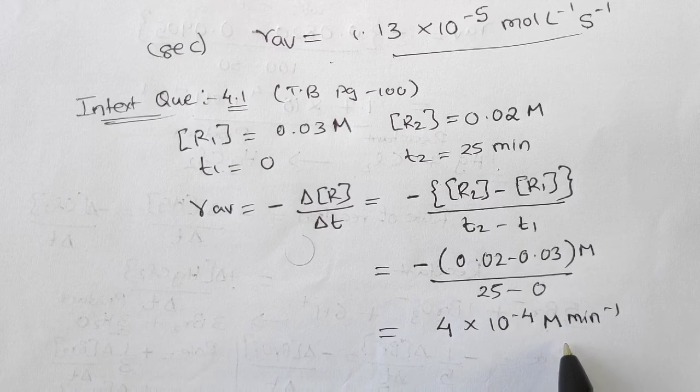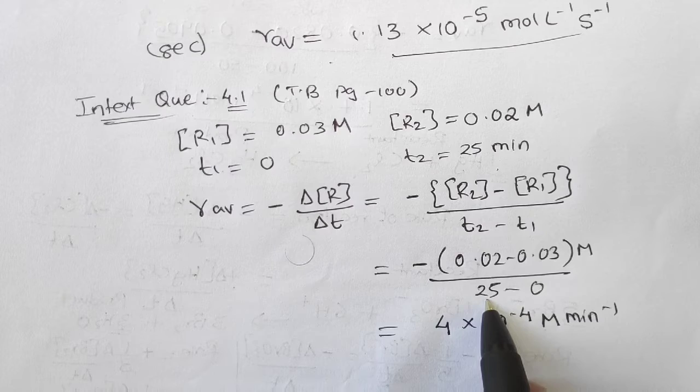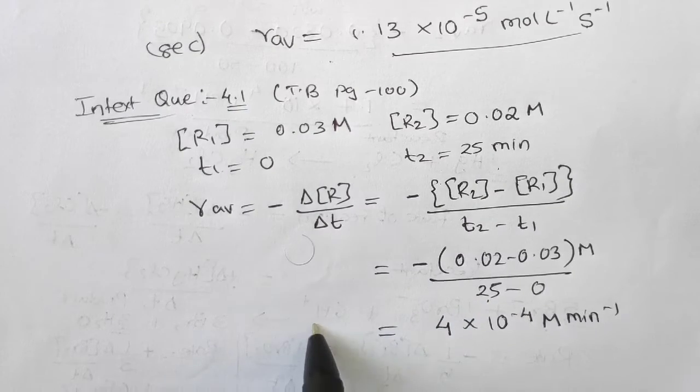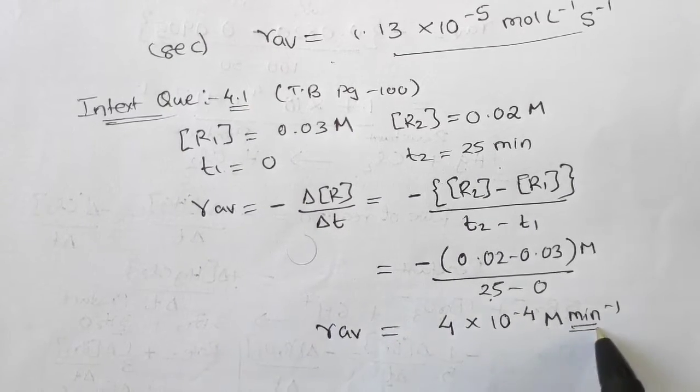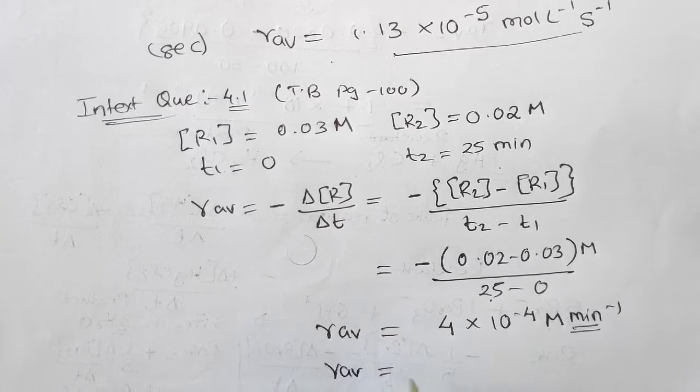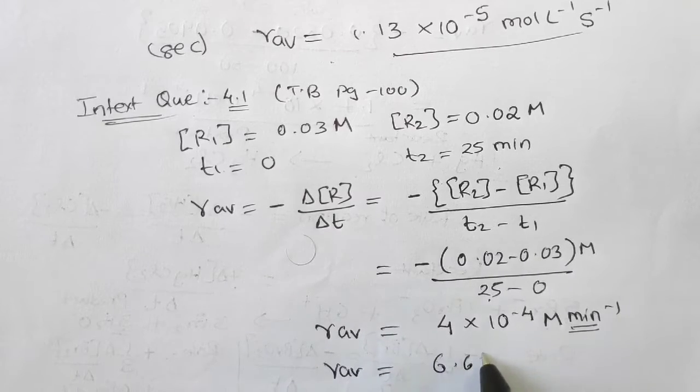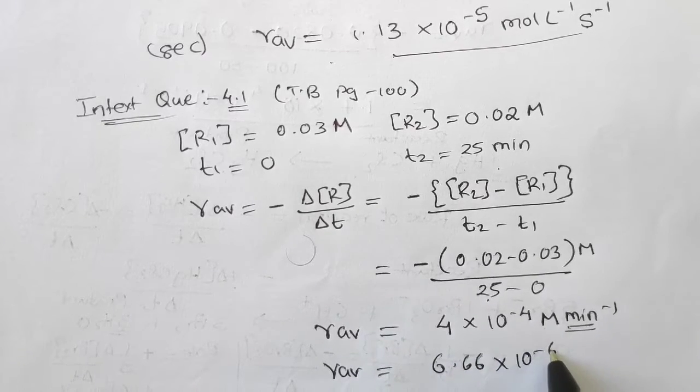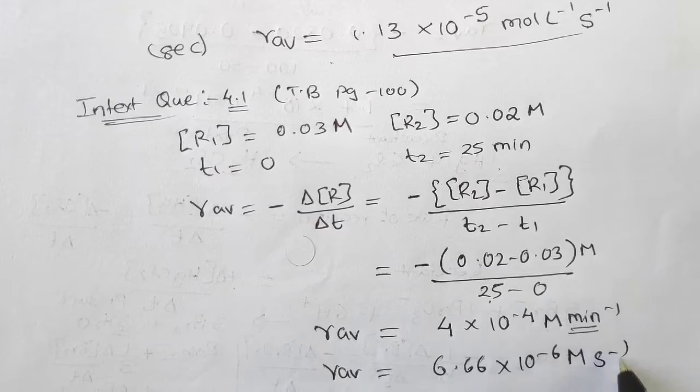Now we know 1 minute is equal to 60 seconds, right? So to convert to seconds, you divide this by 60. So this is R_av in minutes, and R_av in seconds will be 6.66 into 10 raised to minus 6 mole second inverse.